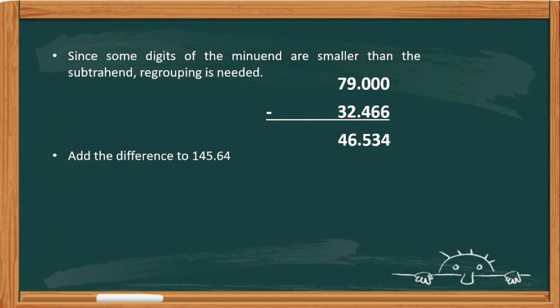Add the difference to 145.64. 145.640 plus 46.534, and the answer is 192.174.